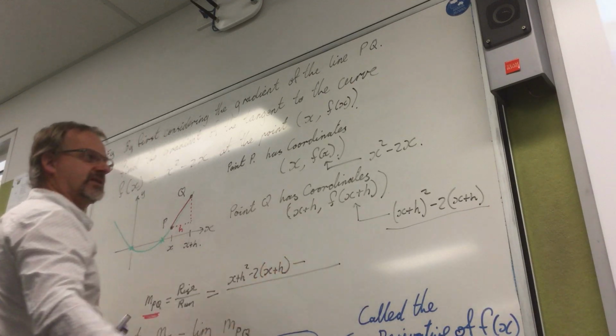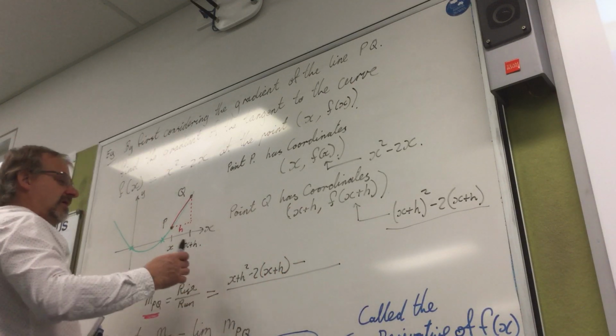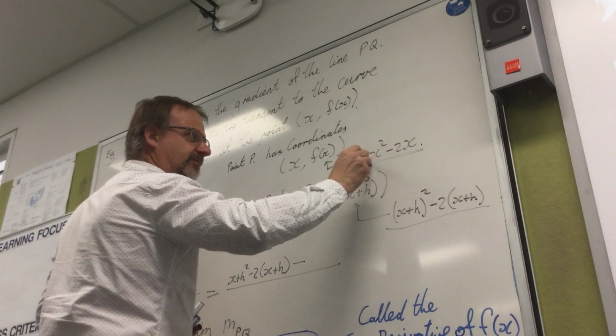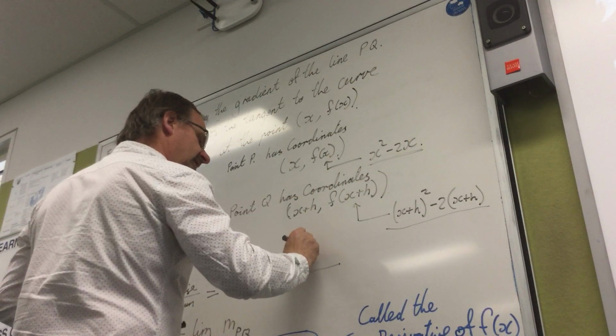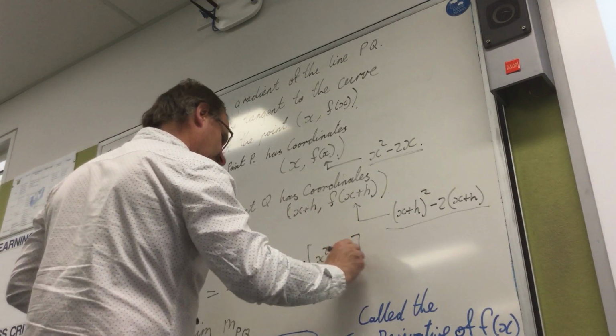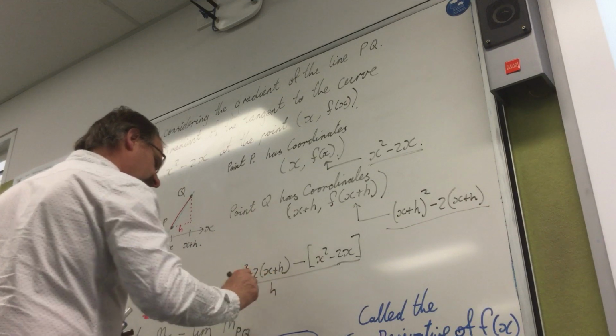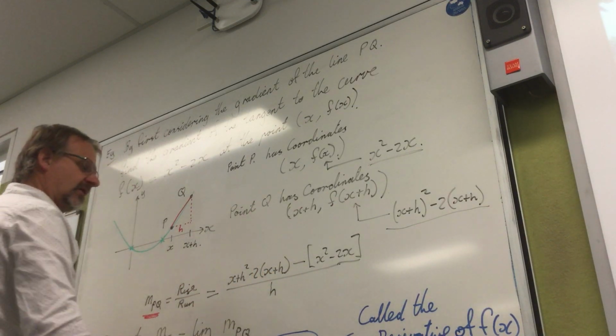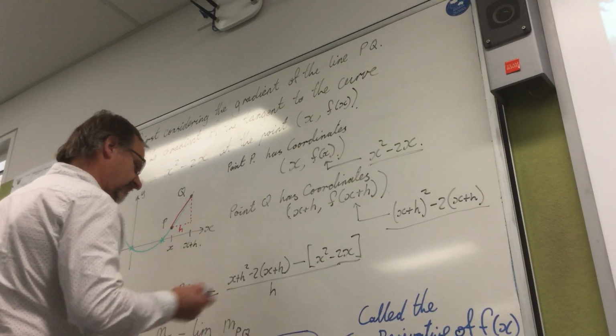And from that, we're taking away our f of x, all over h. Does that have to be in brackets, x plus h squared? Oh yeah, it does. Thank you.